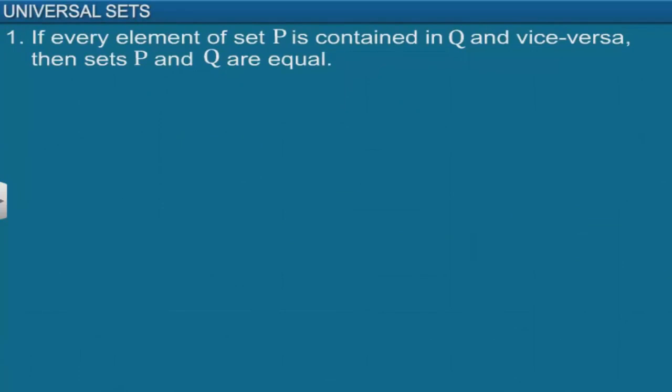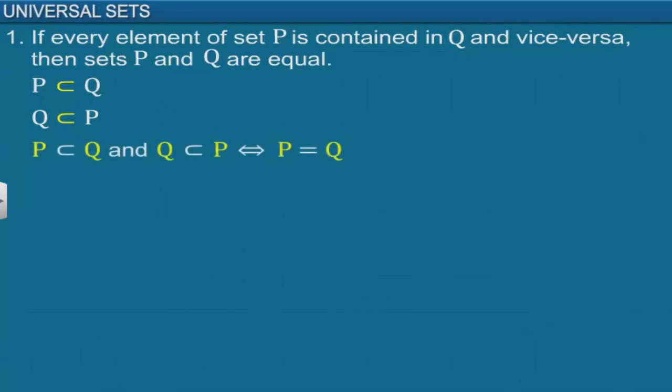If every element of set P is present in set Q, we can say that set P is a subset of set Q. We can also say that set Q is a subset of set P. Therefore, set P and set Q are equal to each other. This can be defined symbolically as shown. The highlighted symbol means if and only if.